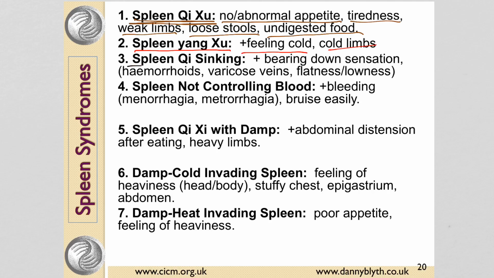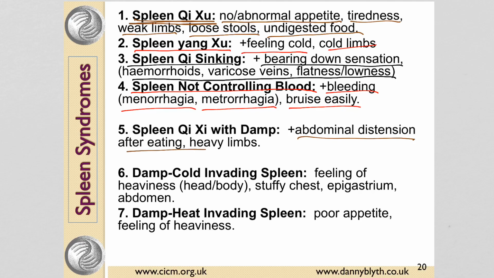With spleen qi sinking, there's also a bearing down sensation. There might be hemorrhoids, varicose veins, flatness, lowness. With spleen not controlling the blood, we get bleeding symptoms, menorrhagia or metrorrhagia, and easily bruising. If there's also damp, we get abdominal distension after eating and heavy limbs.